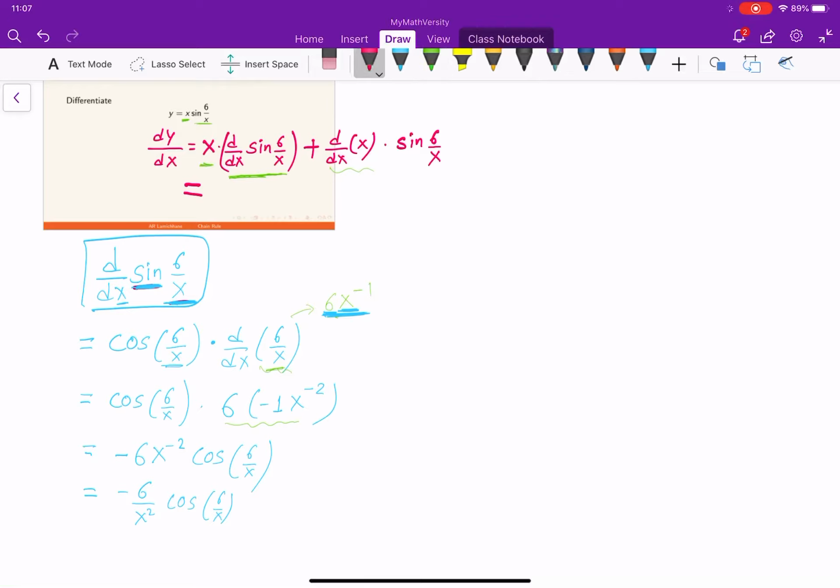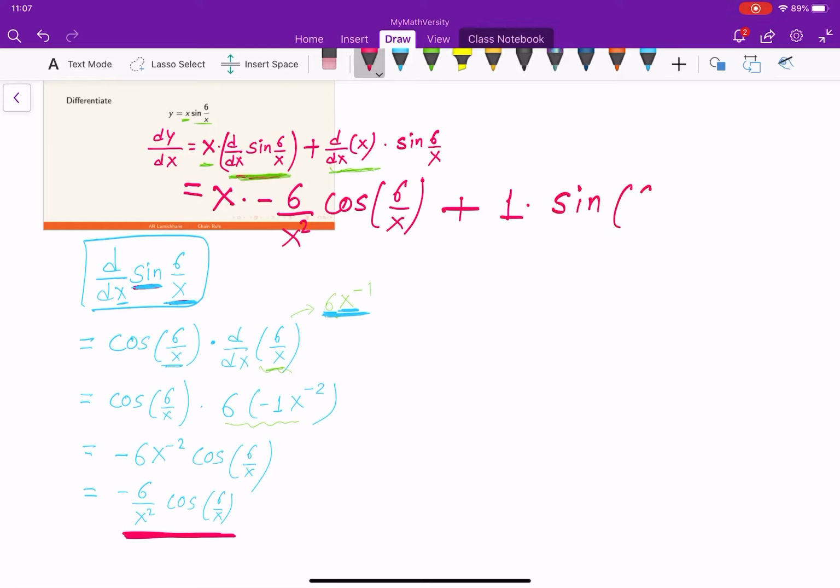Here is x, leave that as it is, multiplied by the derivative of sine of 6 over x, which we have figured out here: negative 6 over x squared times cosine of 6 over x. Then plus the derivative of x with respect to x, which is just 1, very easy, times sine of 6 over x.